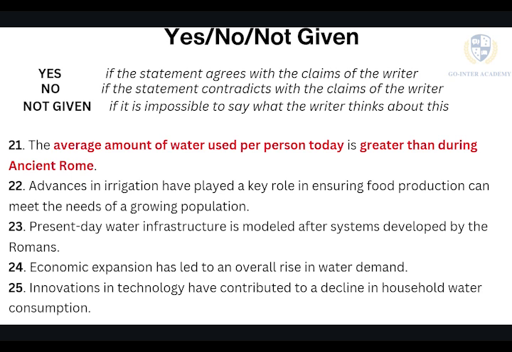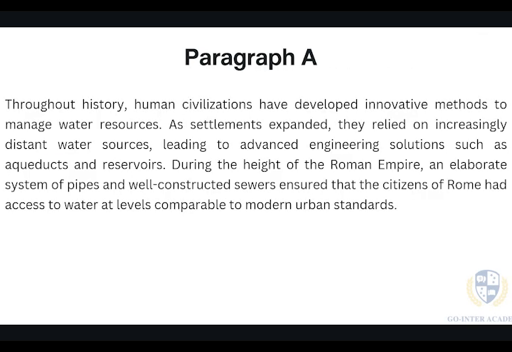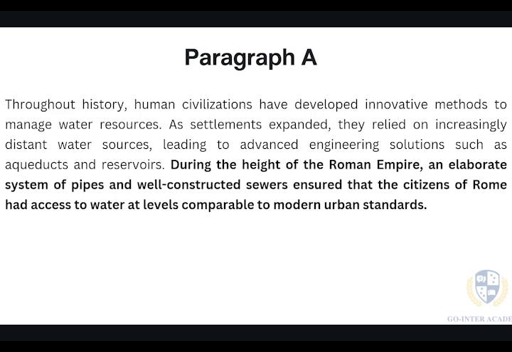So our next task is to go to paragraph A to see if the writer agrees or disagrees with this statement. So in paragraph A, we find this sentence. During the height of the Roman Empire, an elaborate system of pipes and well-constructed sewers ensured that the citizens of Rome had access to water at levels comparable to modern urban standards.